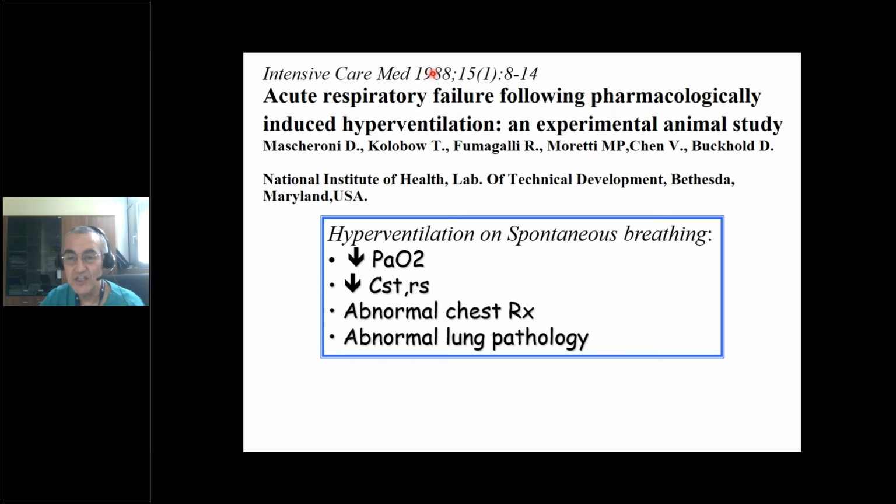Those were sheep that were forced to hyperventilate, injecting salicylate in the cisterna magna in order to promote hyperventilation. And in a few hours or days, they developed ARDS. Exactly: high tidal volume, no airway pressure, high transpulmonary pressure, and they developed ARDS. So this is very, very important. I will go back to this one.